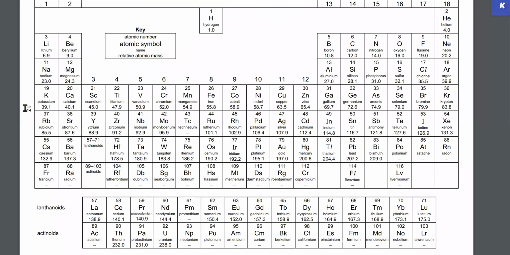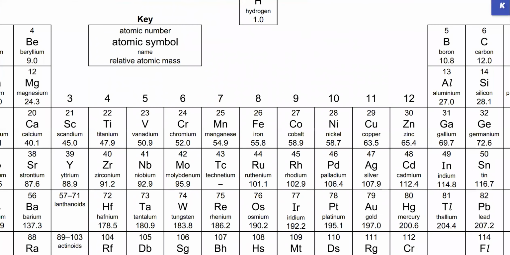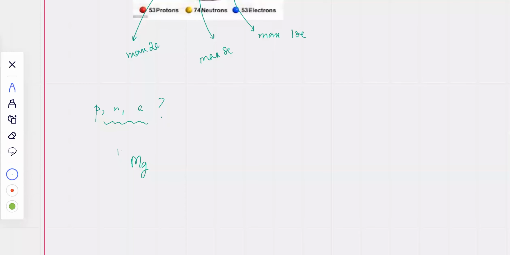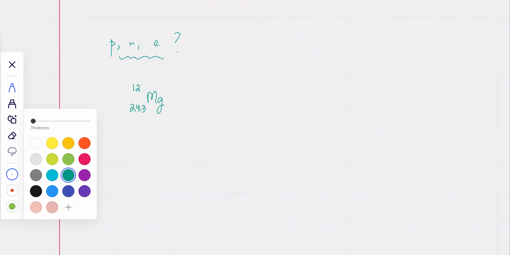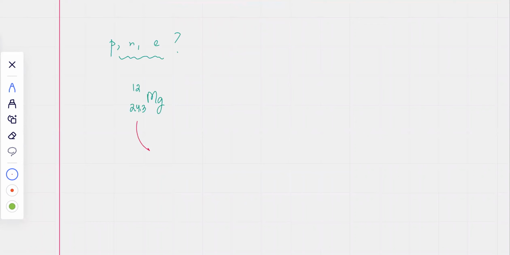Magnesium in the periodic table is given as 12 and 24.3. Remember previously when we were doing moles, I told you that the bottom one is the relative atomic mass.